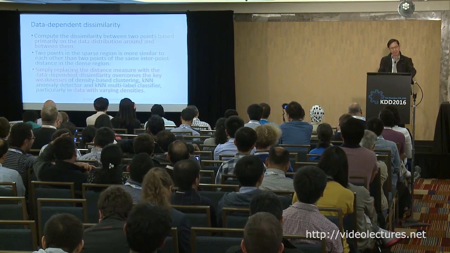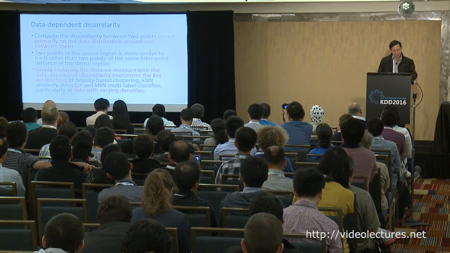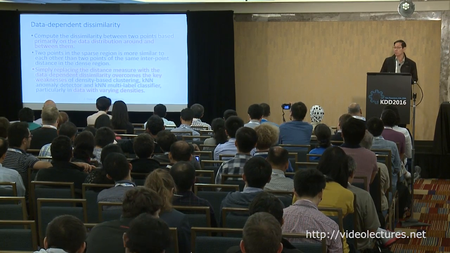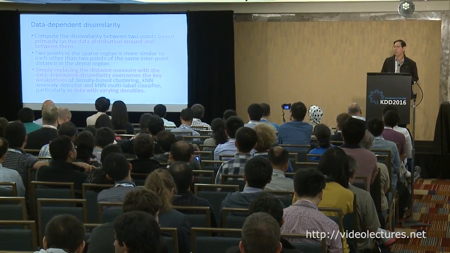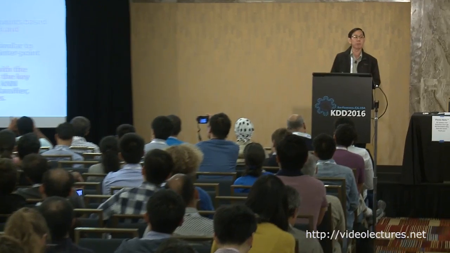So what is the data-dependent dissimilarity measure? The key here is that it computes the dissimilarity between two points based primarily on the data distribution around and between them. Once you do that, you fundamentally change the way you identify similar neighbors.